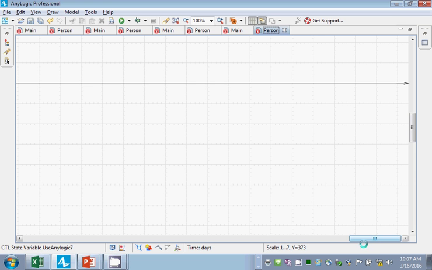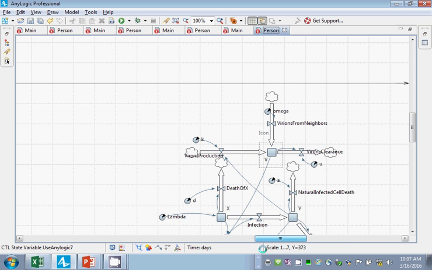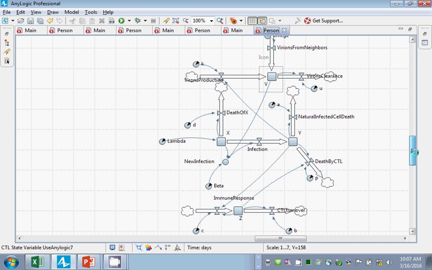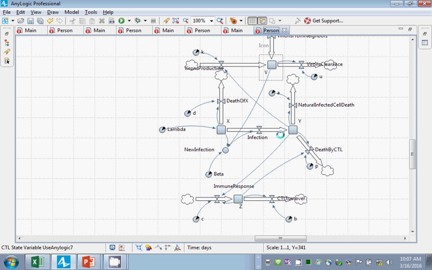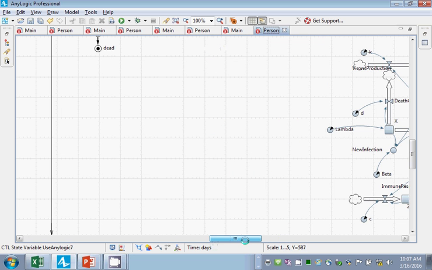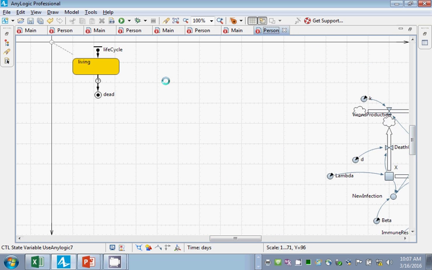But you can also characterize for the same individual state charts about whether they're living or dead. This state chart transition is based on a condition, and this condition basically asks, is their viral load above a certain threshold? If so, they are removed from the population.